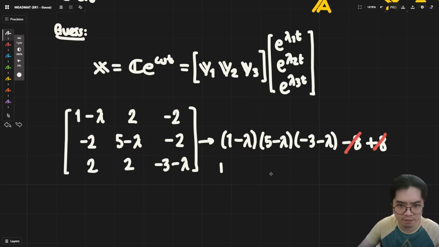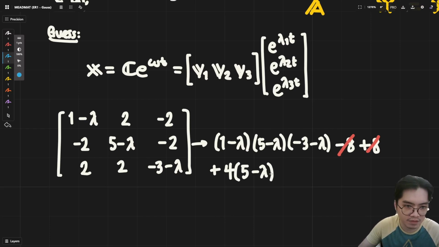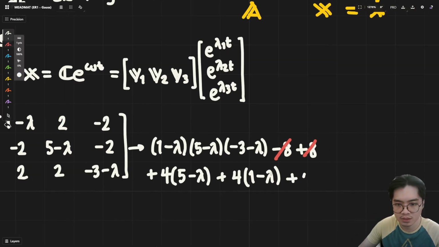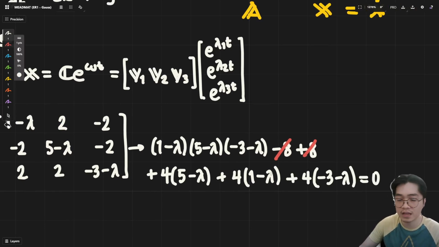We will have plus 4 because of the negative in here times 5 minus lambda. We will have this as well. And then we will have plus 4, 1 minus lambda. And then again, plus 4 times negative 3 minus lambda. All of that should be equal to 0.